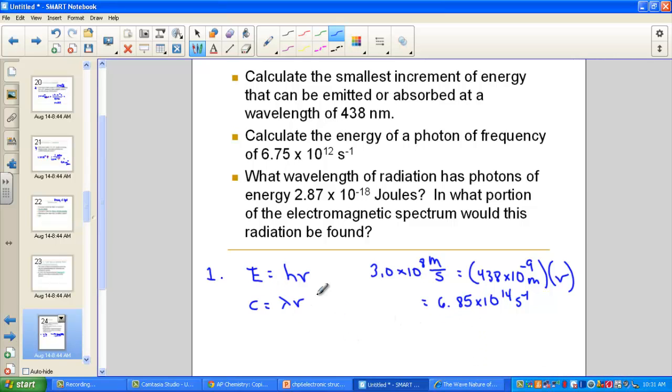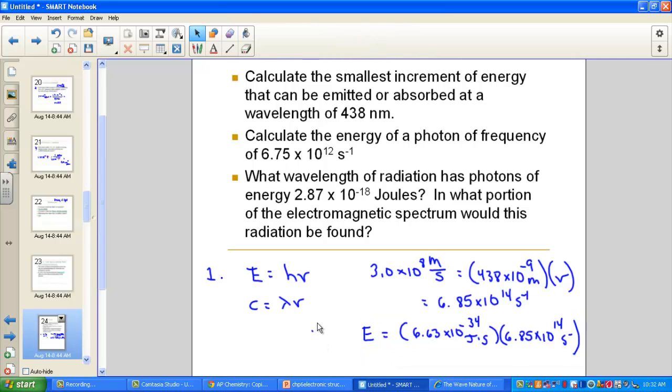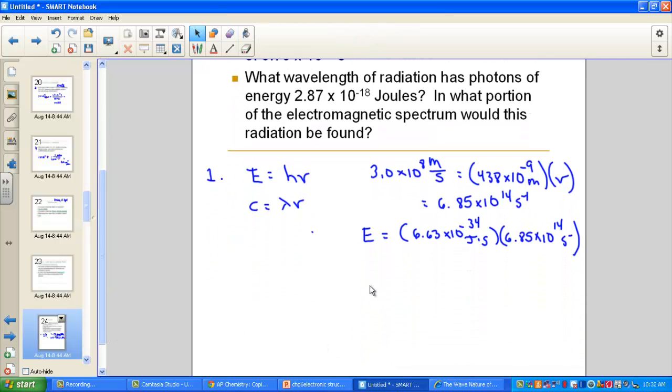Now I can solve for the energy. I have that required variable of frequency by using my speed of light conversion. I can solve for energy by using Planck's constant, 6.63 times 10 to the negative 34th power, include the unit with me, a joule times second. So that way I see when I multiply by my calculated frequency, the second unit cancels, and I'm left with joules of energy.